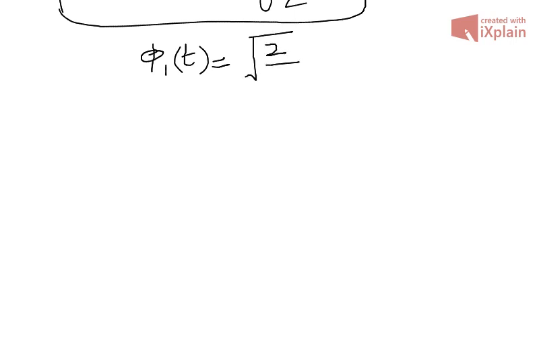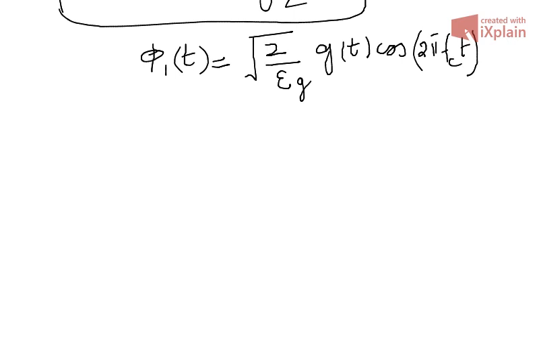The basis function, and it's square root of 2 over Eg, g of t cos of 2 pi fct. So this is our first basis. Now if you try to find out the energy of this signal, this phi1, you will end up with unity. Its energy is unity. You can find out its energy and you will end up with unity.